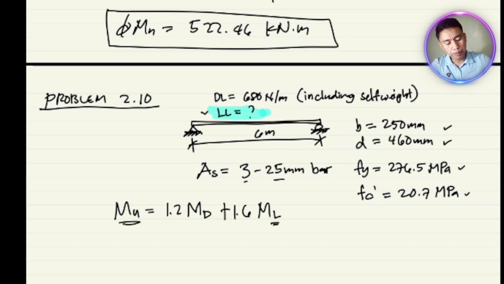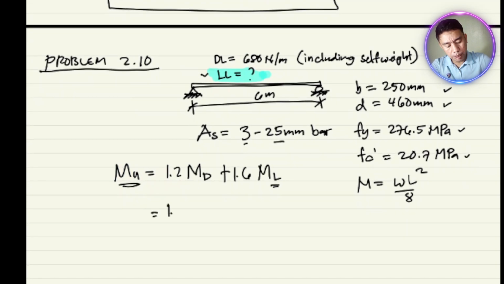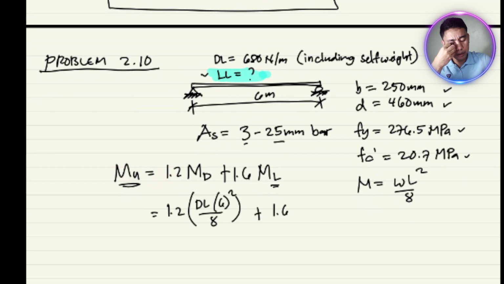Okay? So for simply supported, ang moment is equal to omega L squared over 8. In other words, this is 1.2 times DL times 6 squared over 8, parang ganyan, plus 1.6 live load.